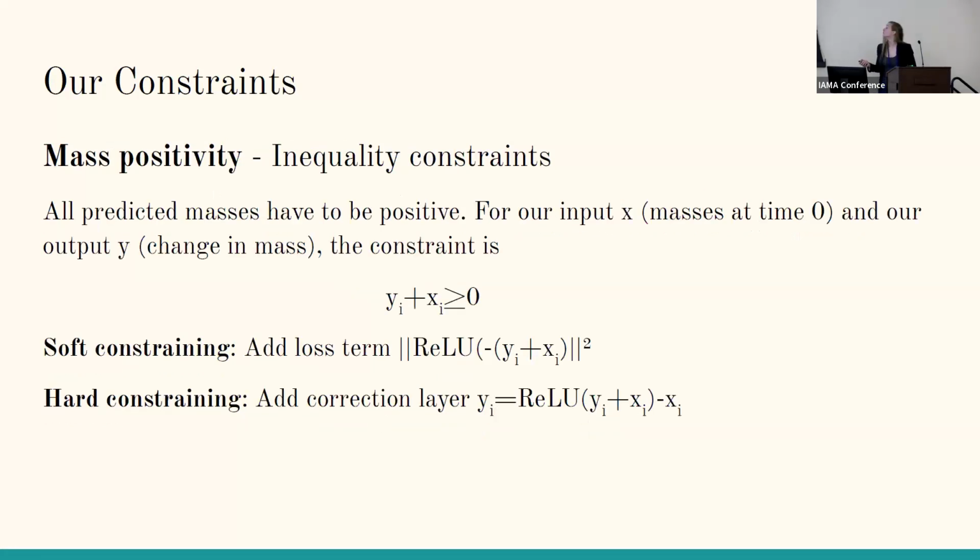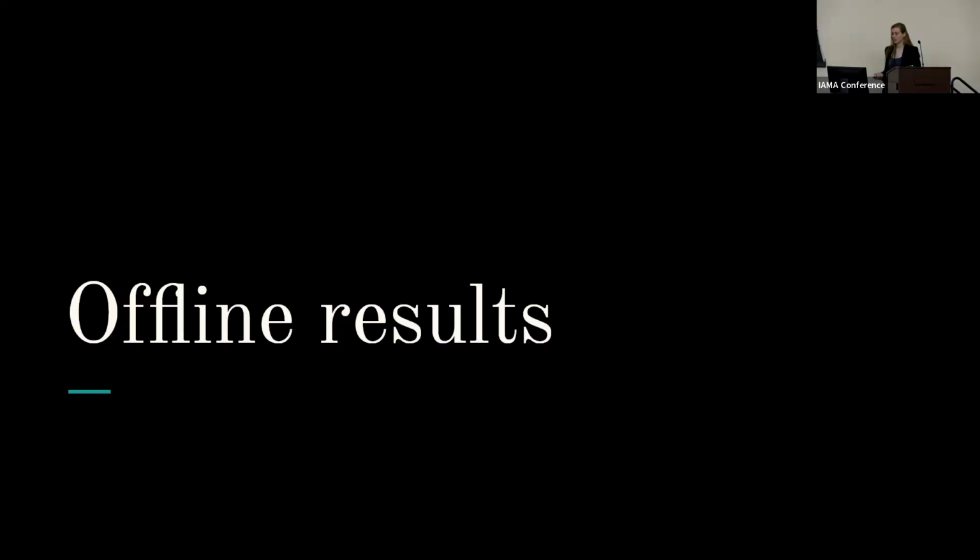And for positivity constraints, it would be very easy if we would predict the mass directly, but here we can just add the input, which is the mass or number at the time step before, plus the change. And that has to be positive, either with soft constraints, with a penalizing term, or with hard constraints.